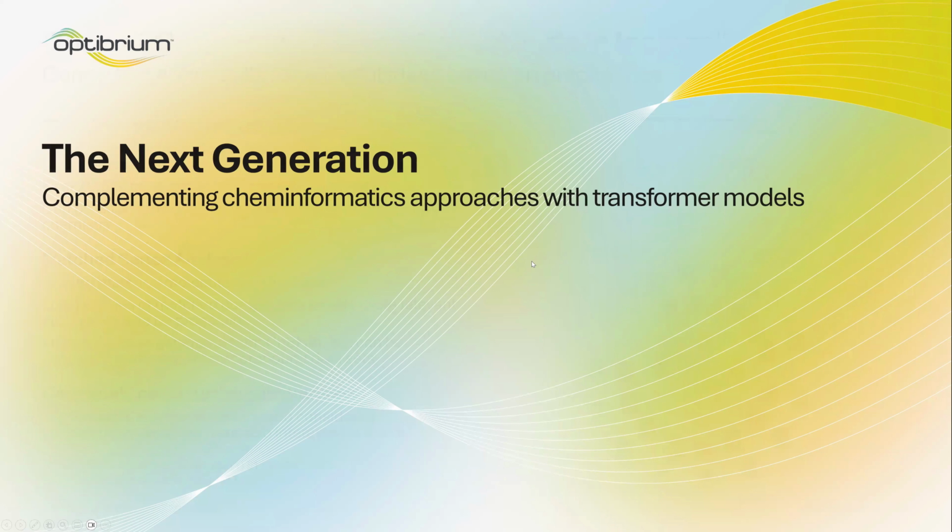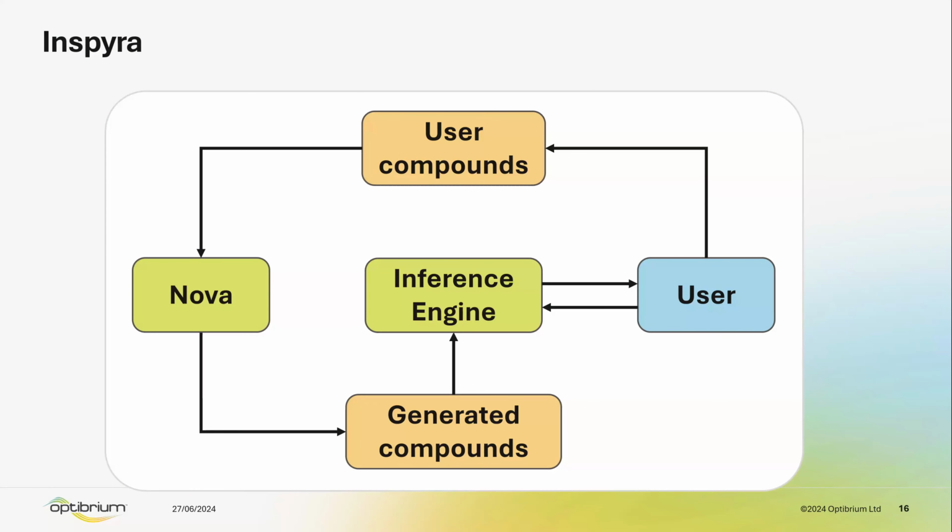Okay, so this is our current picture of how our Inspyra generative chemistry module works. We have the inference engine in the center, which is the machine learning algorithm that works out what the user is looking for in a compound or a fragment. The user interacts directly with that. It provides suggestions to them.